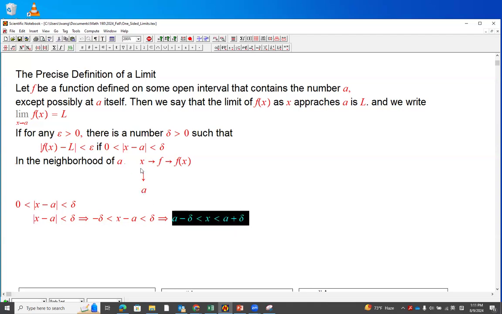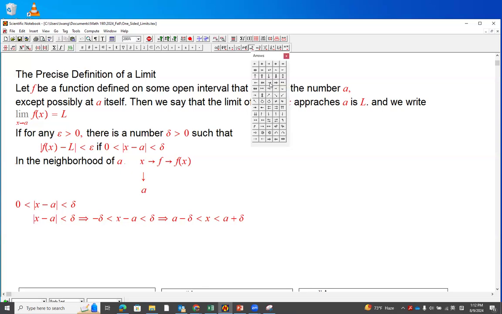So this x, to make f of x as close as possible, which approaches L. Just allow me to explain this slowly.